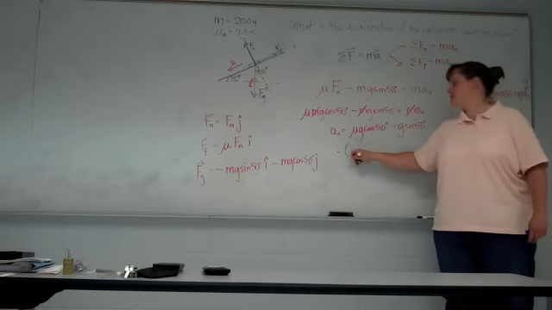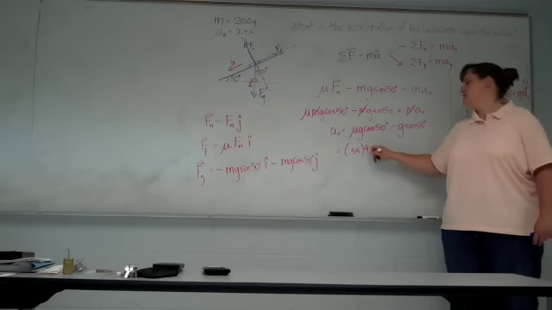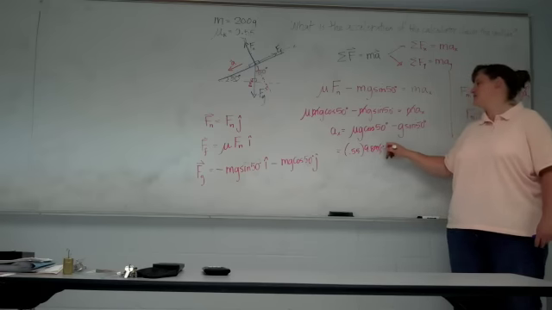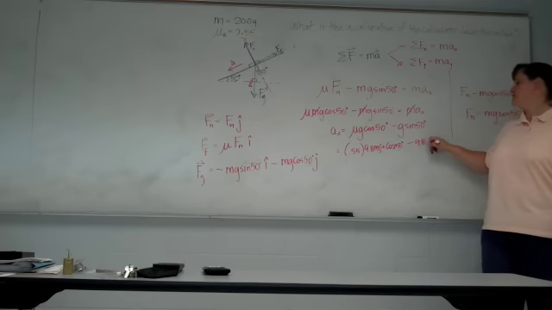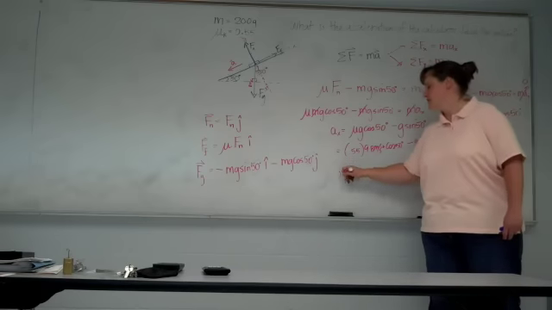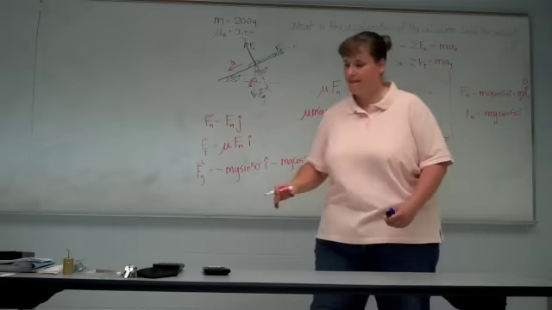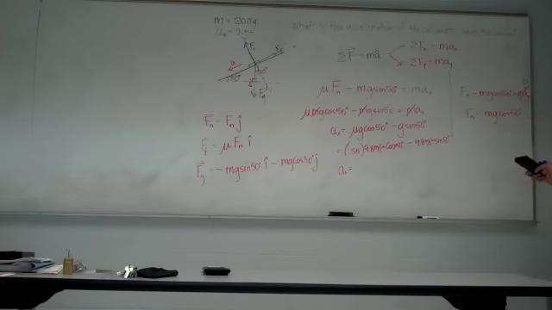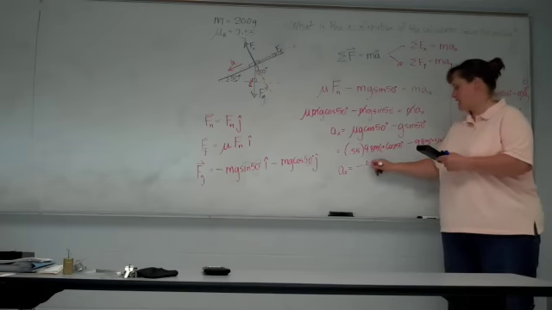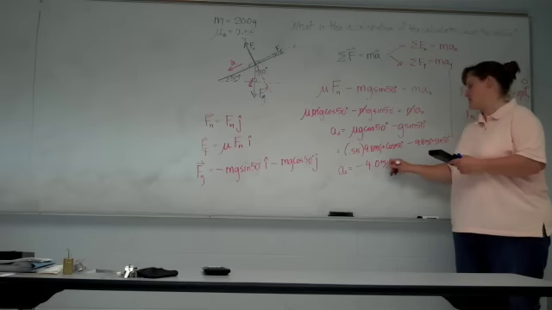So our coefficient of friction is 0.55. g is 9.8 meters per second squared. Cosine 50 minus 9.8 meters per second squared sine 50. I get negative 4.0 meters per second squared.